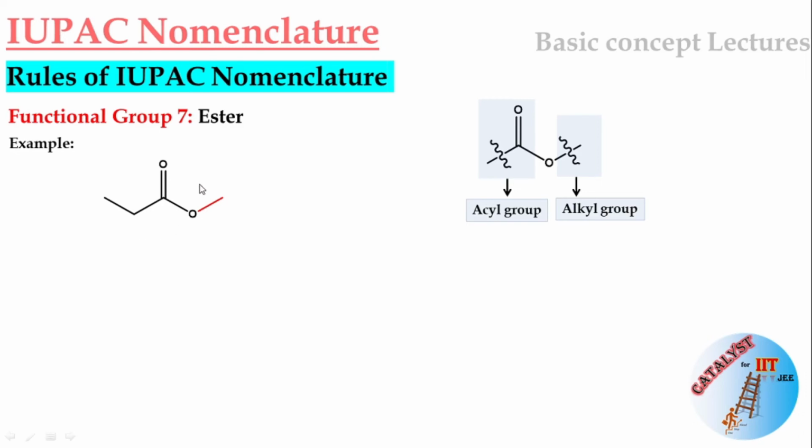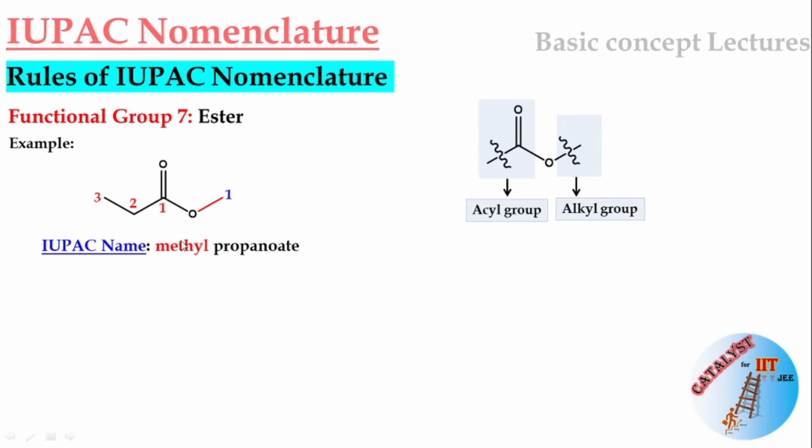Okay, so let us take this example. This is the side chain which is connected to oxygen, and this is the side chain which is connected to your carbonyl functional group. So 1, 2 and 3. This will be termed your acyl group, and this will be termed your alkyl group, which will be methyl, because the number of carbons present on this side is 1.